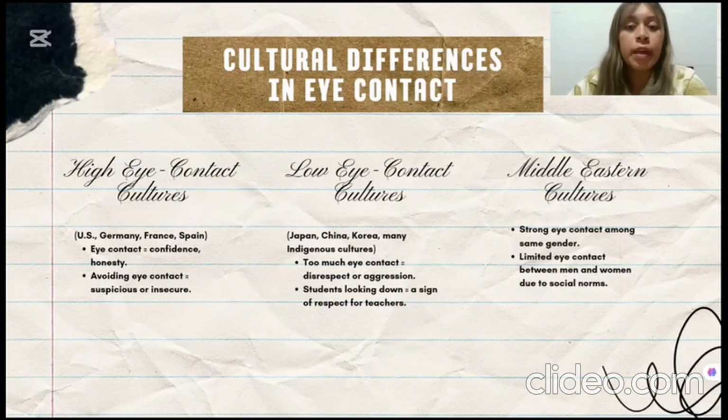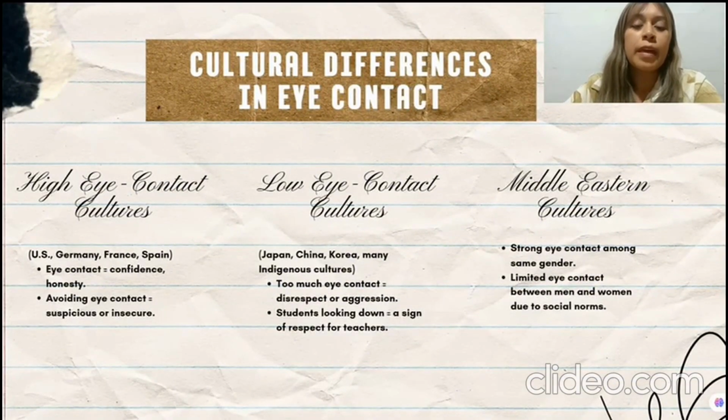In the US and many European countries, maintaining eye contact is a sign of confidence and honesty. In East Asian cultures, too much eye contact may seem disrespectful or aggressive. For example, Japanese students look down when a teacher speaks.